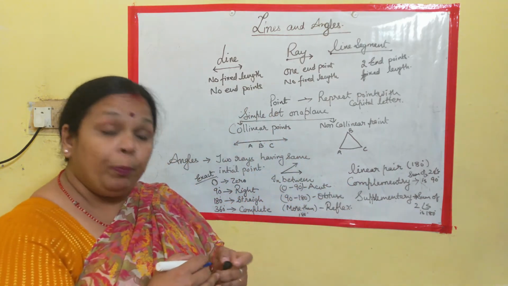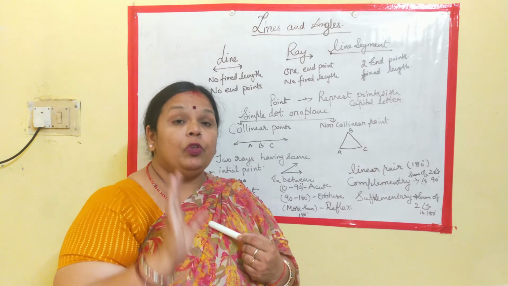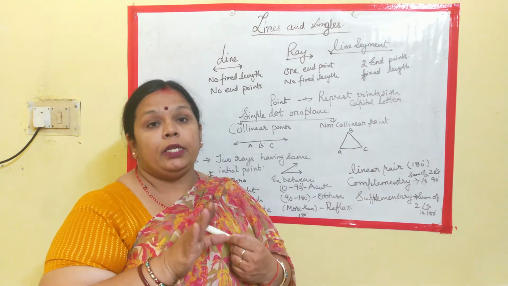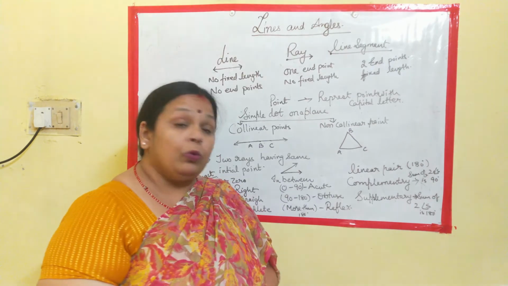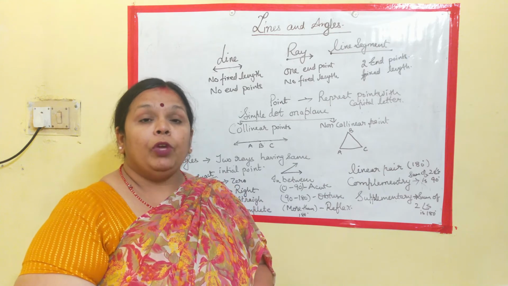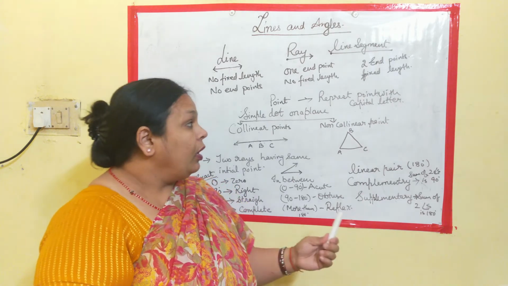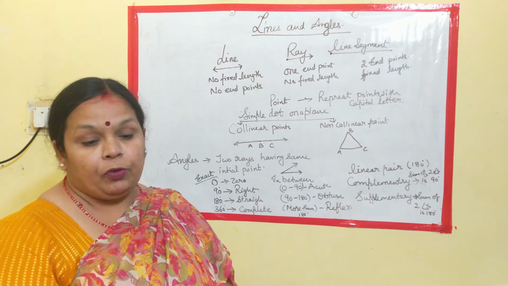Clear? When two angles are added and the sum is equal to 180, we call it supplementary. Now more than this, we will be talking about three types of angles.